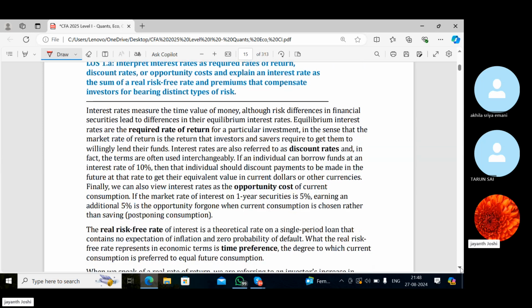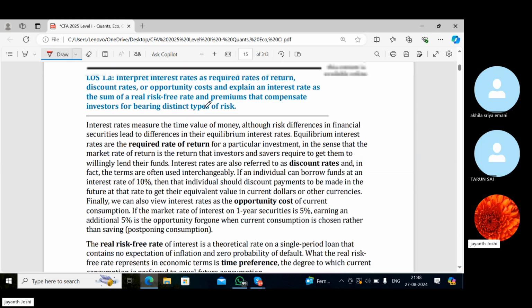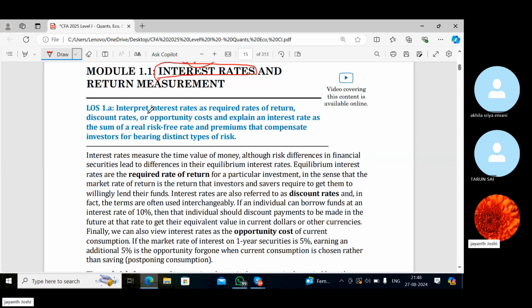So let's come to this first paragraph, very important to understand some basics. They are asking you to interpret and tell what interest rates are: required rates of return, discount rates or opportunity costs.